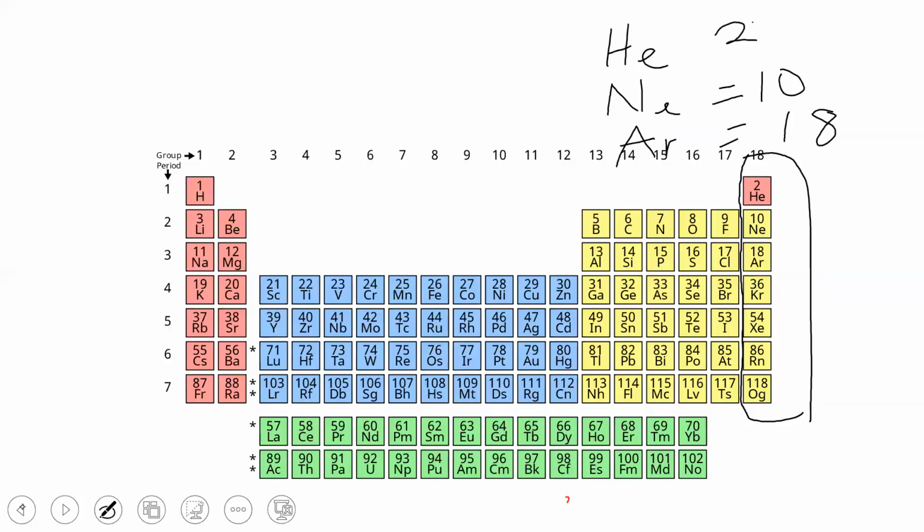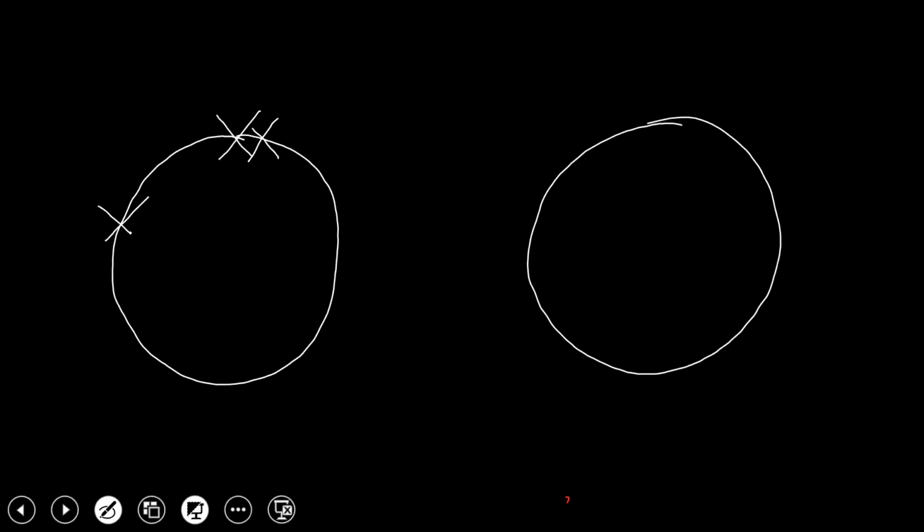The drawing has disappeared, which is very bad. So let me just use the outer shell. The outer shell of the first chlorine has 7 electrons, and the outer shell of this chlorine atom also has 7 electrons.